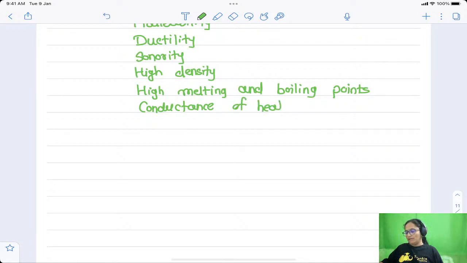These properties we discussed in yesterday's session.